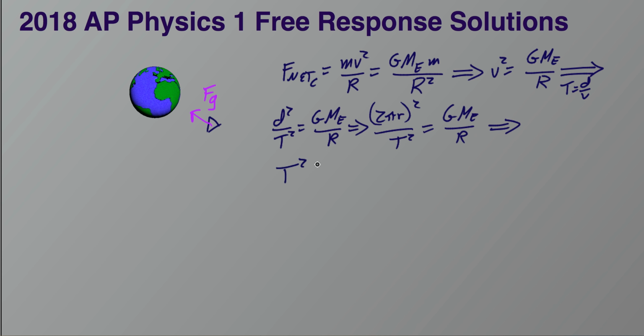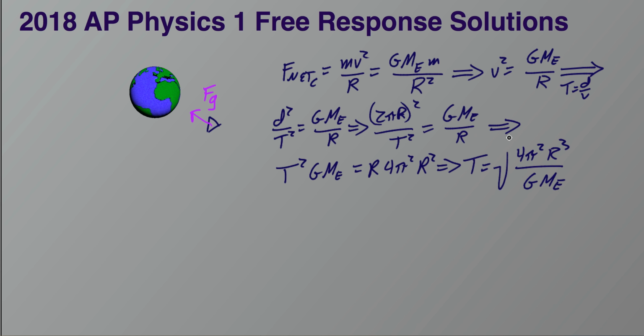T squared times G times the mass of the Earth equals R times, oops, that'll be our capital R for our radius, 4 pi squared R squared. Solving for the period gets me the square root of 4 pi squared R cubed over G M_E. I think that covers you for the period.